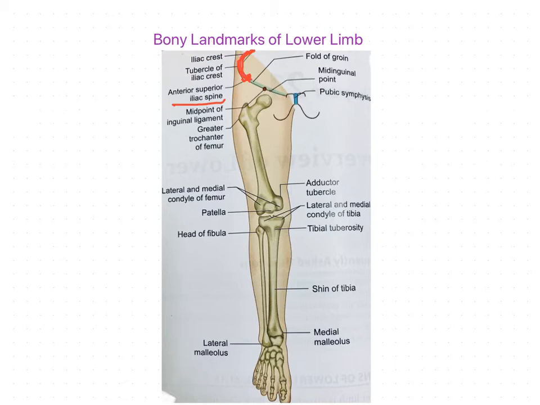Okay, so this is the iliac crest, and if you see the tubercle of the iliac crest, it can be palpated about 5 centimeters behind the ASIS. So 5 centimeters behind the anterior superior iliac spine, you can find the tubercle of the crest.